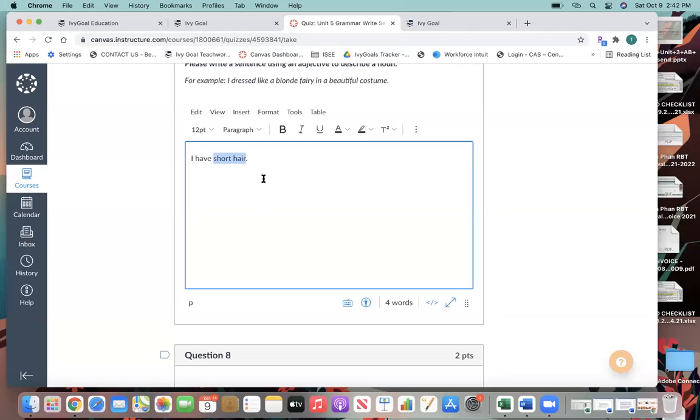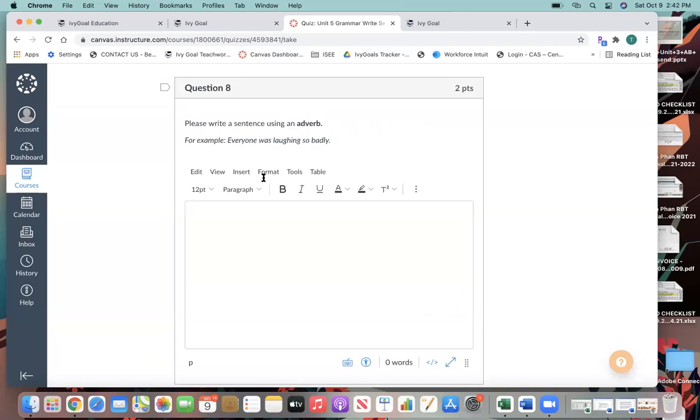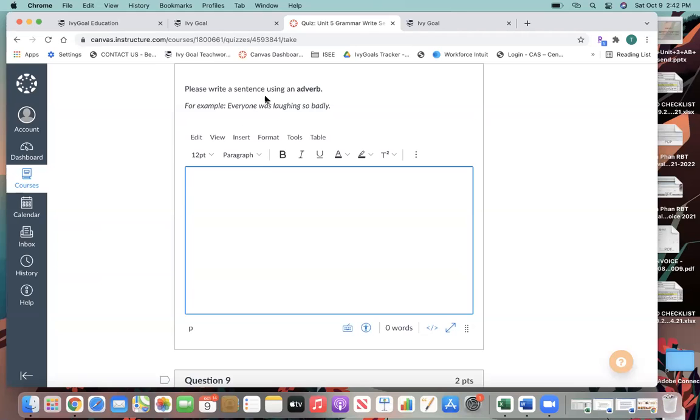Very good. Please write a sentence using an adverb. Everyone was laughing so badly, right? So badly is used to describe laughing.